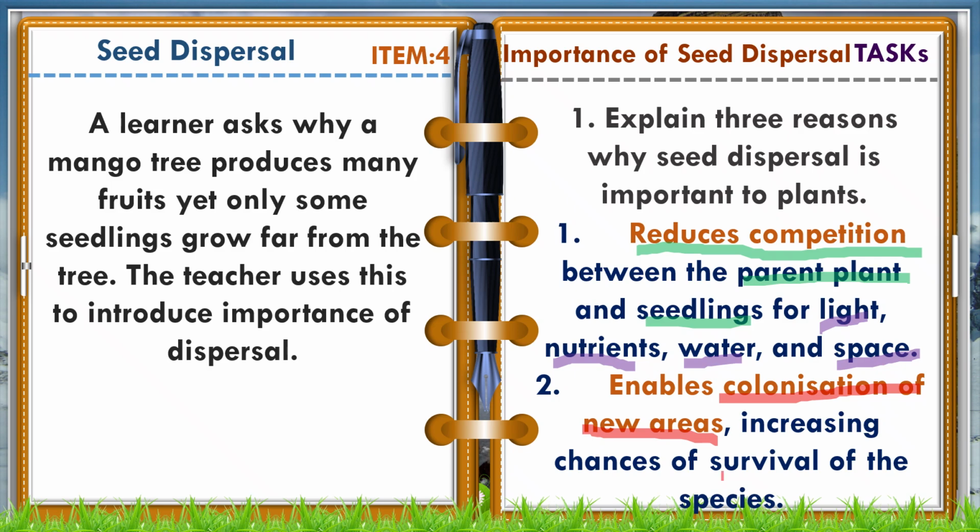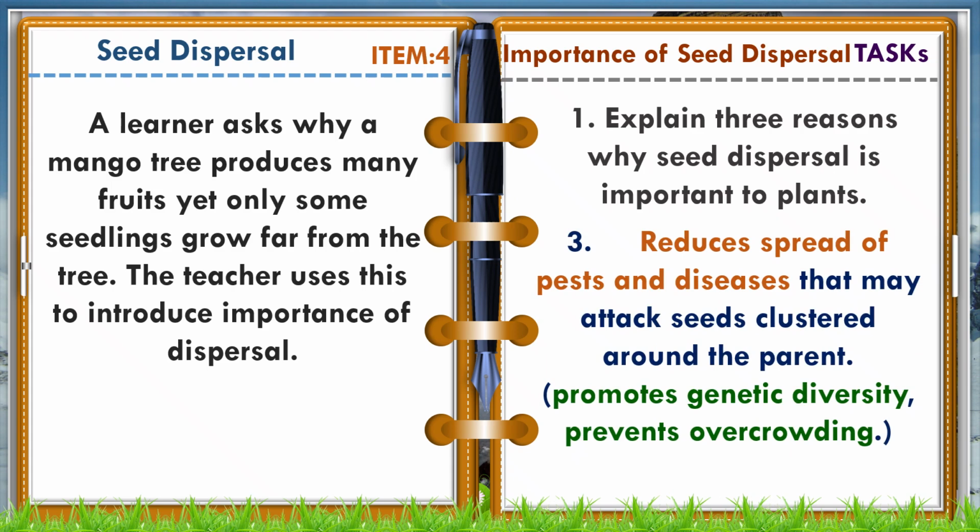This increases the chance of survival of the species. 3, it reduces the spread of pests and diseases that may attack seeds clustered around the parent. This promotes genetic diversity and prevents overcrowding.